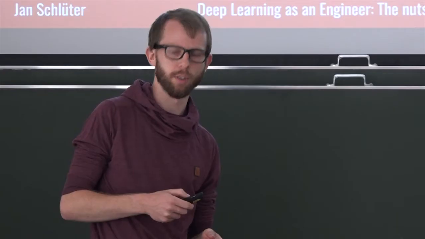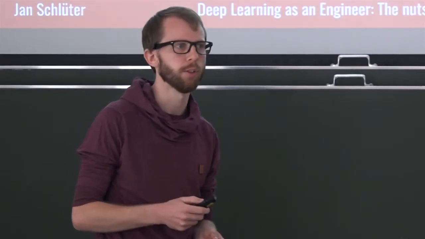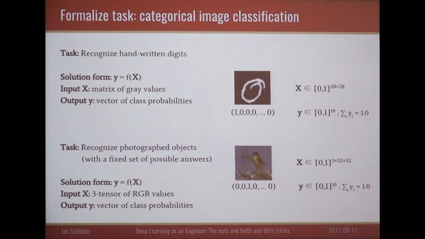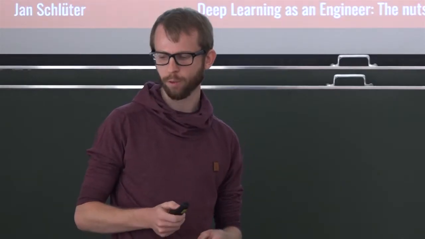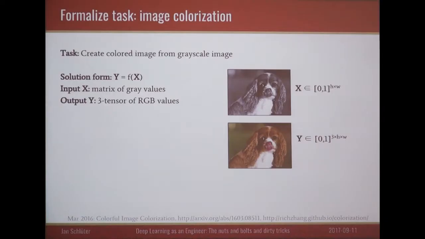And for image classification, it's very similar. Just in this case, we have a color image, so we can represent the input as a 3-tensor of red, green, and blue values for each of the pixels. And again, the output is a vector of class probabilities. For image colorization, again, we can represent the input as a matrix of gray values and the output as a 3-tensor of red, green, blue values.